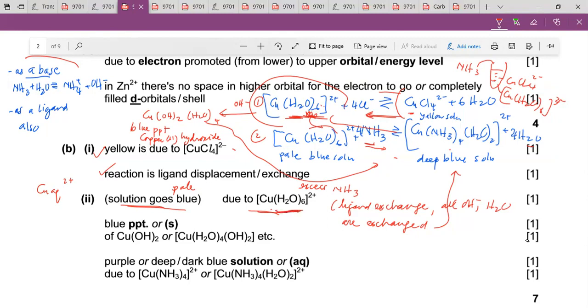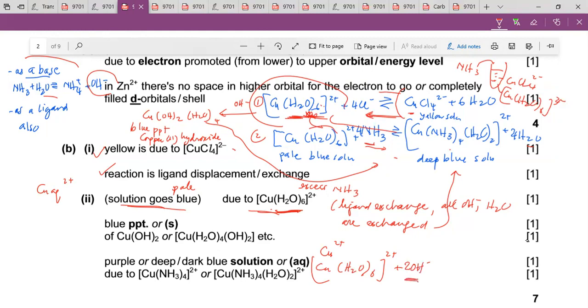Next, after this is formed, you add ammonia inside. Ammonia is also acting as a base, the OH minus. So now the copper 2 plus, I put here, or you can put Cu(H2O)6 2+, plus 2 OH minus.